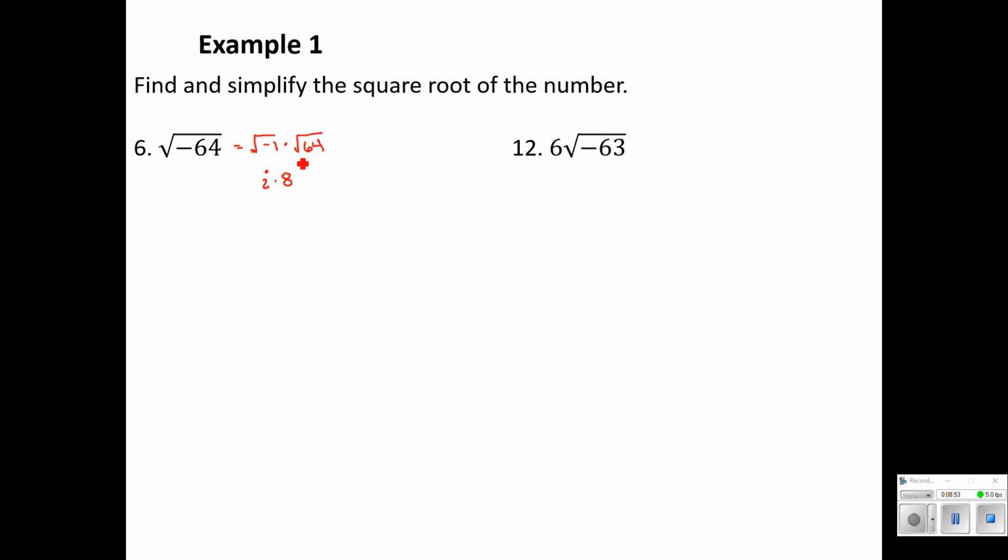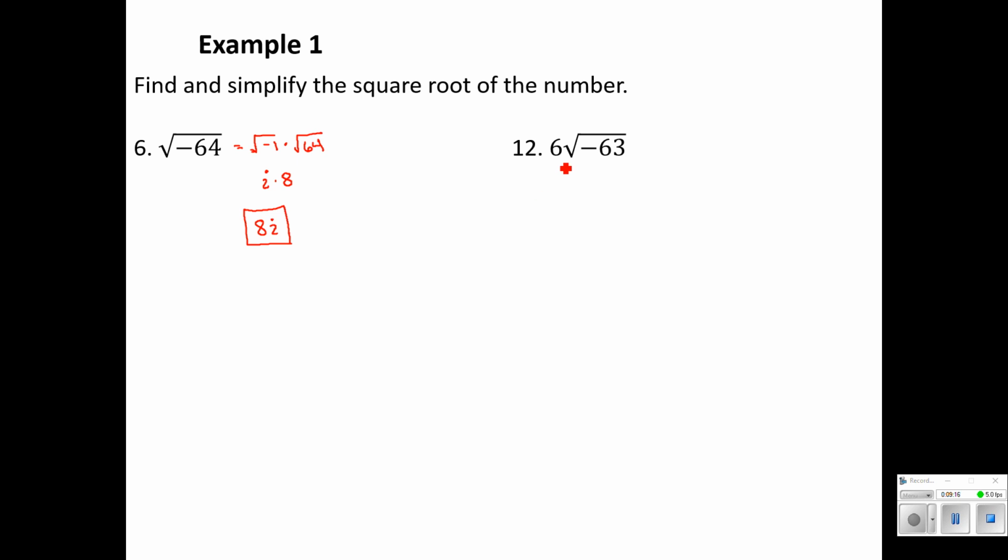This means the positive square root of 64. So actually in my introduction, I should not have said plus or minus 3 for the square root of 9. It should have just been a positive 3. If anybody caught that, good for you. Okay, so the simplified imaginary number is 8i.